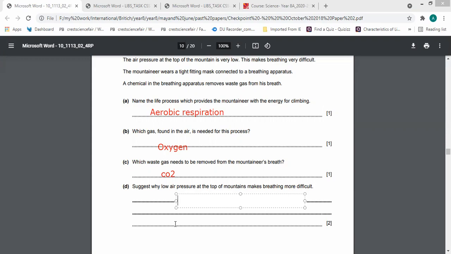Yes, Mr. I am not sure about the concentration of carbon dioxide, if it has low density or high density relative to the air, not relative to the oxygen. You understand? Okay, but on the safe side, we can say oxygen concentration decreases as we go up.